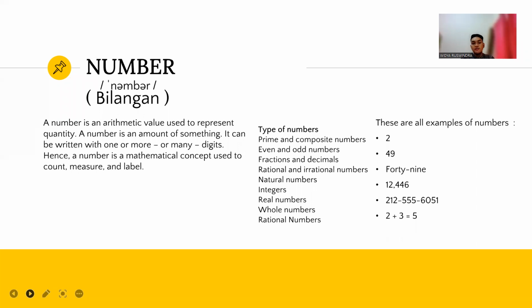Types of number are prime and composite numbers, even and odd numbers, fraction and decimal, rational and irrational numbers, natural numbers, integers, real numbers, whole numbers, and rational numbers.